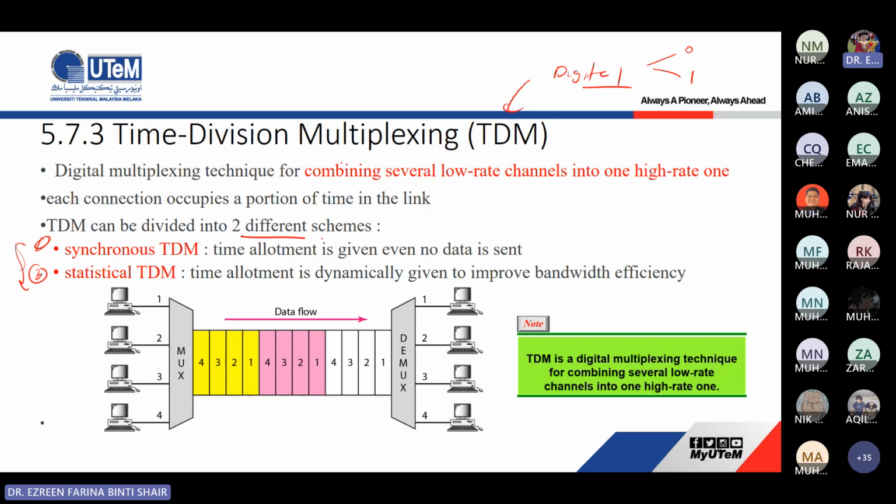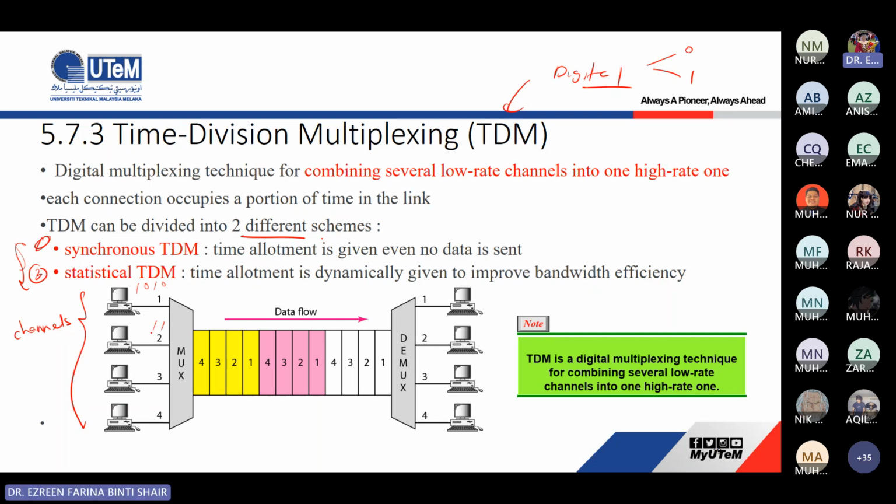Okay, for TDM, look at this figure. You have 4 channels. This we call channels. So we have channel 1, 2, 3, and 4. For channel 1, for example, from PC1, you want to send a stream of bits, a stream of data, for example 0, 1, 0, 1.